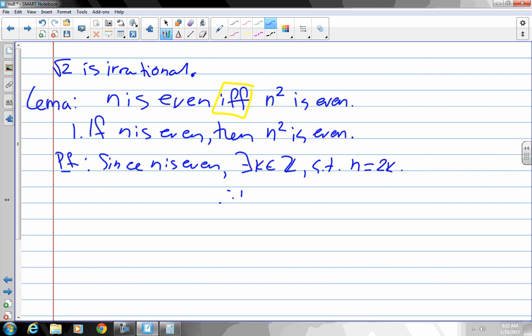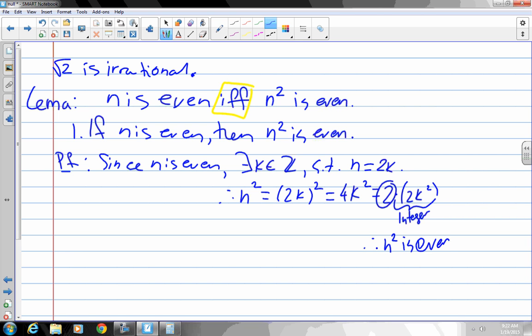So therefore, n squared equals (2k) squared, which is 4k squared, which is 2 times 2k squared. So 2 times an integer. So that gives you an even number, right? That's the definition of even. So therefore, n squared is even. And we're done.